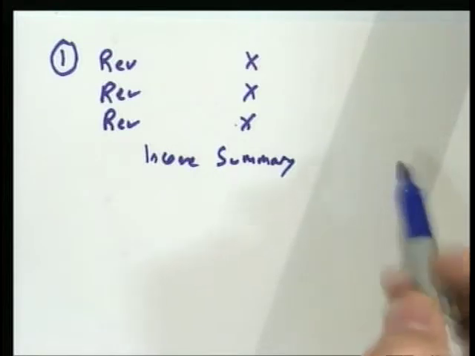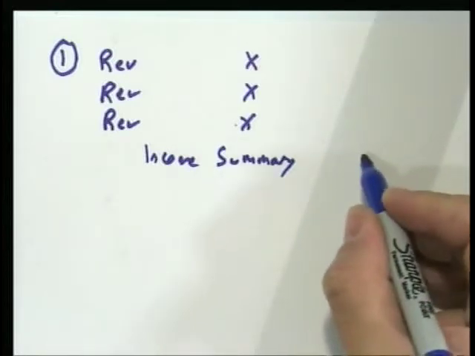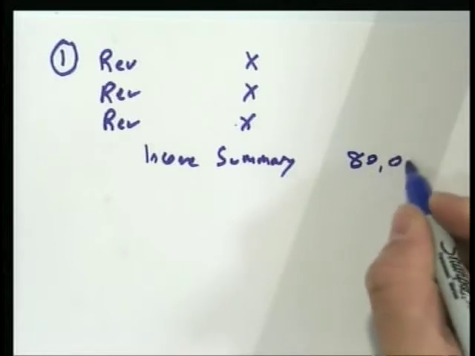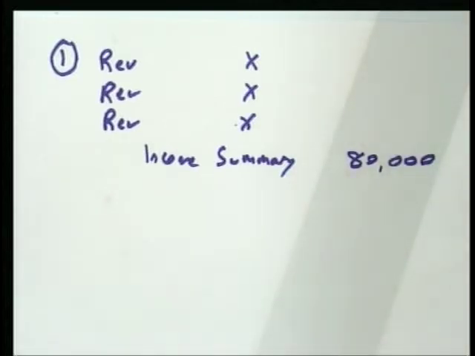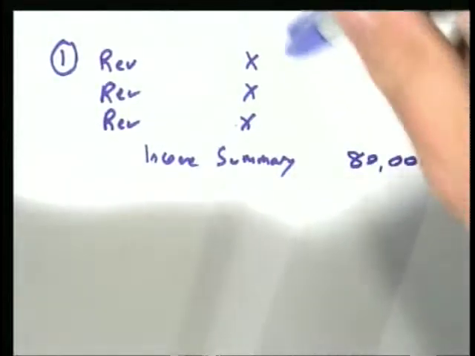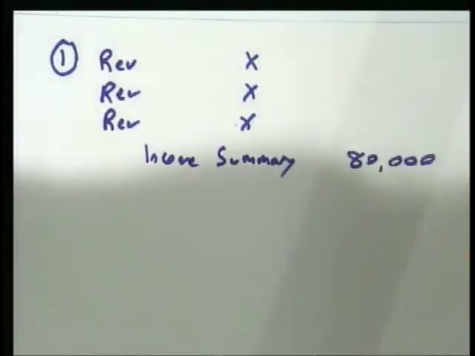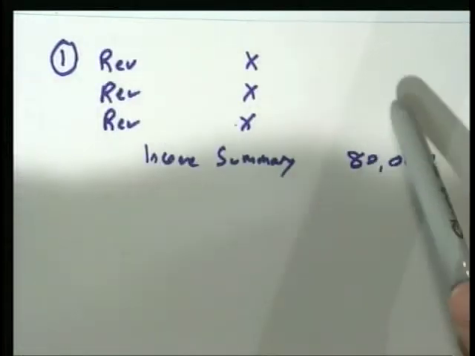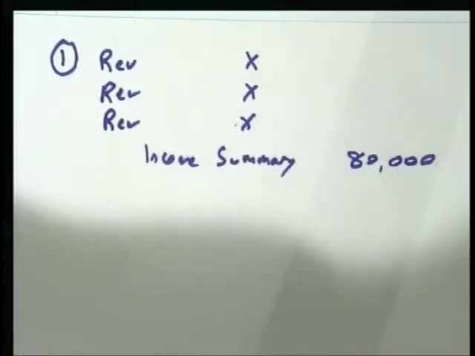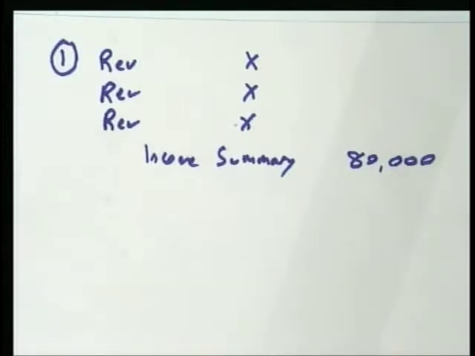So let's say the total of all your revenue accounts is $80,000. Okay? Now take a look at that entry. You have to list out every one of your revenue accounts. You cannot just say total revenue. Otherwise, your revenue accounts really are not closed out, are they? So if you have 3 revenue accounts, it's going to look like this. If you have 100 revenue accounts, you're going to have 100 debits. Okay? You've got to list out every one of your revenue accounts.